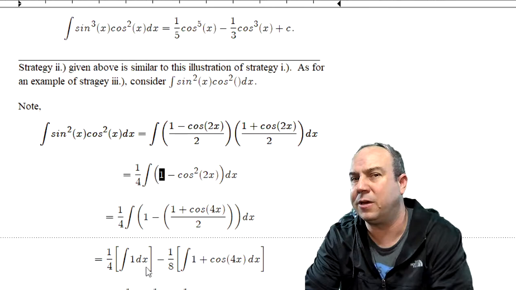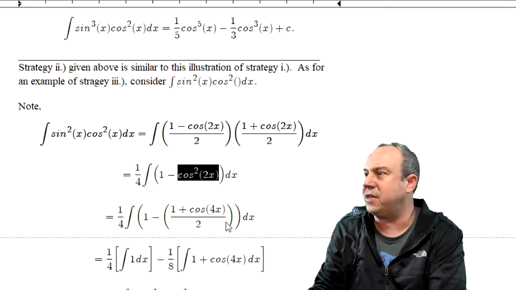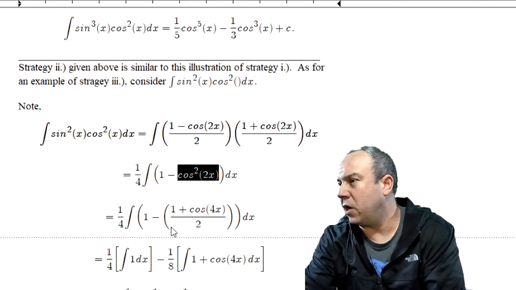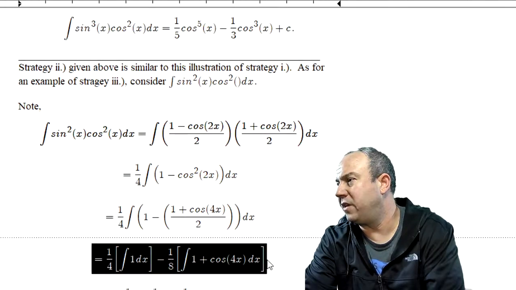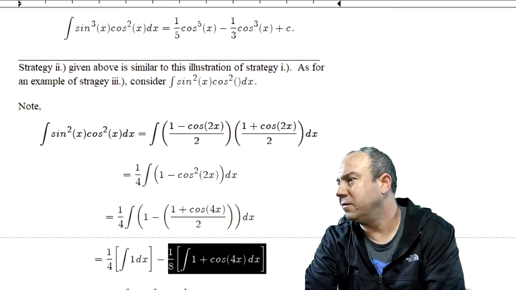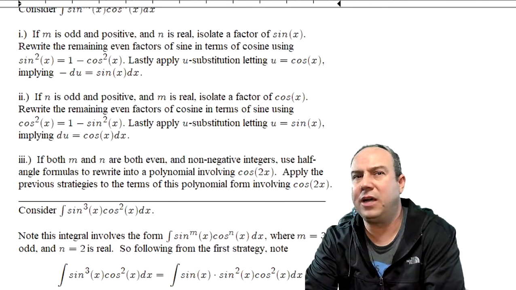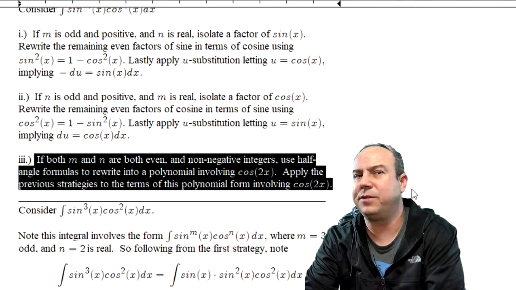But in order to apply here, we repeat strategy 3 and use a half-angle identity again. Distribute that 1/4 of the integral, and we end up with our result. That is what is being summarized in this third strategy.